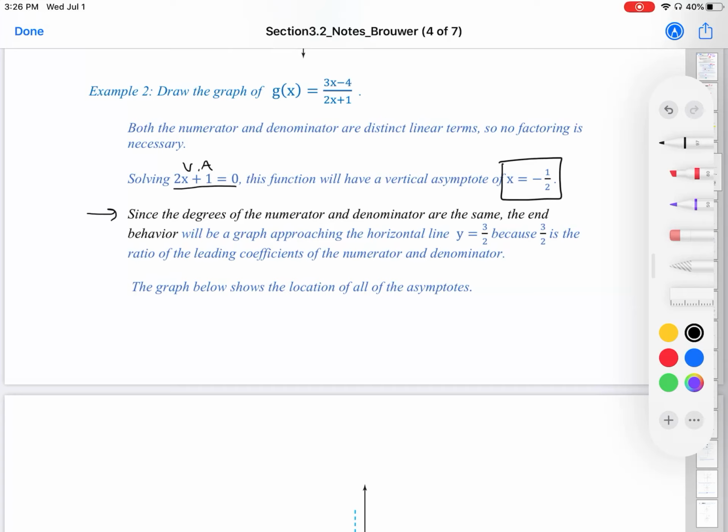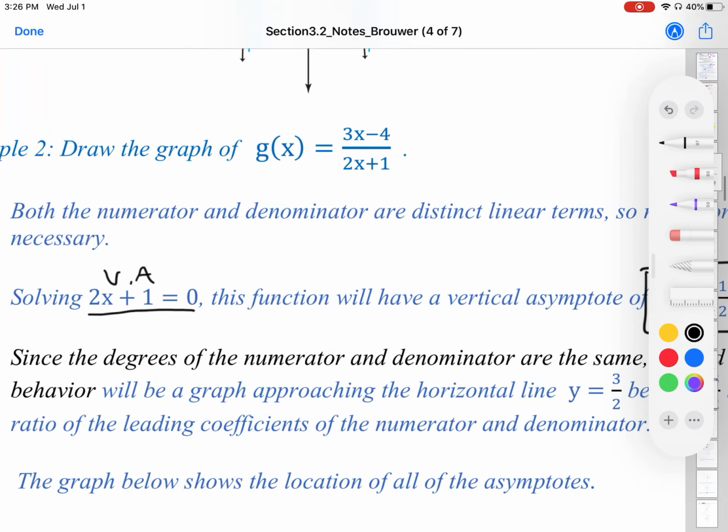Since the degrees of the numerator and the denominator are the same, the end behavior, or the horizontal asymptote, will be the graph approaching the horizontal line 3 over 2. Again, this is because they're the same degree, so we just take a look at their leading coefficients.